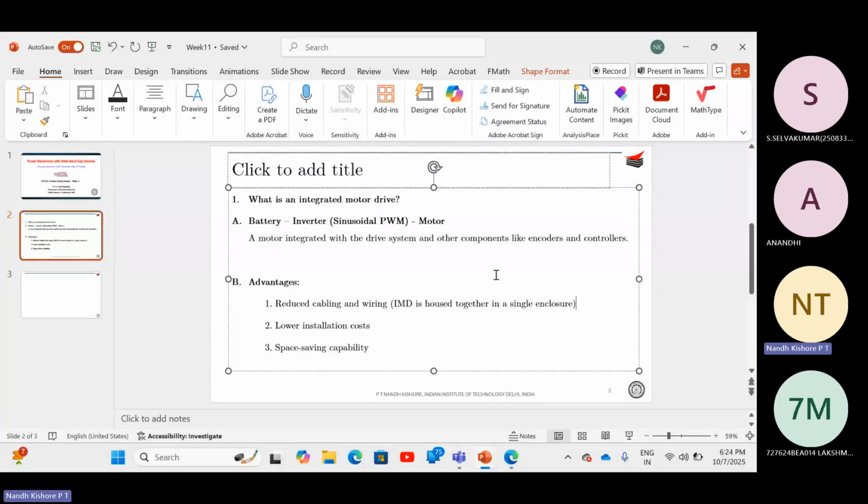So the connections are very compact and small, and it wouldn't have very long wires and cables. Second, there would be space saving because it is all integrated together. So you can directly eliminate the other options. The questions are like that only.